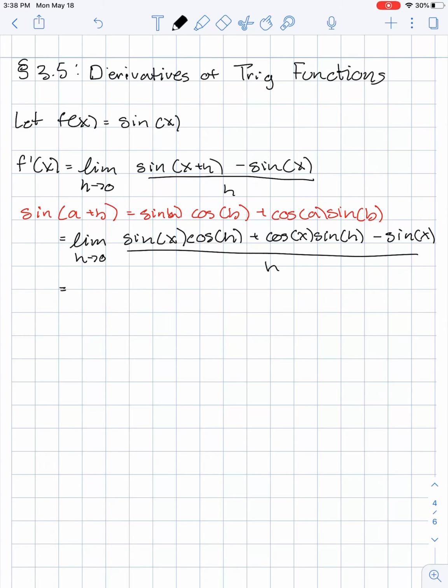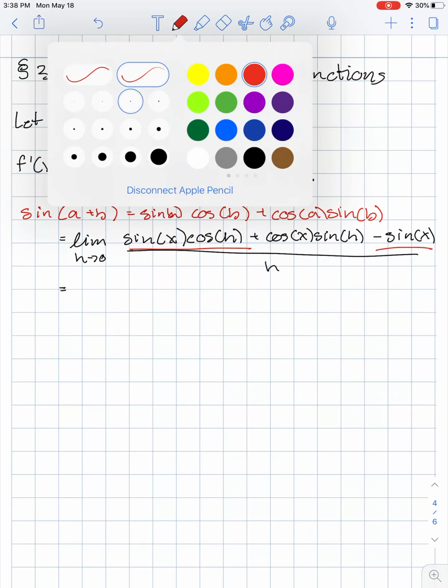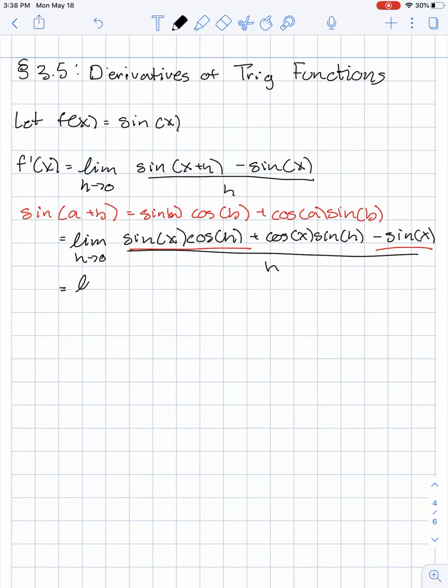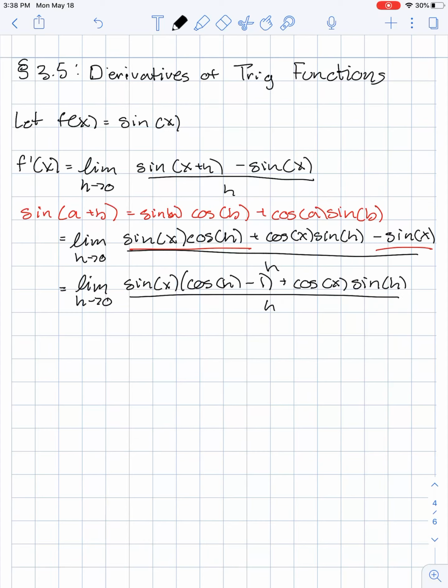Now I'm going to collect every term that has a sine of x. So I'll have sine of x times cosine of h minus 1, because pulling sine of x out of minus sine of x leaves minus 1, plus cosine of x sine of h.